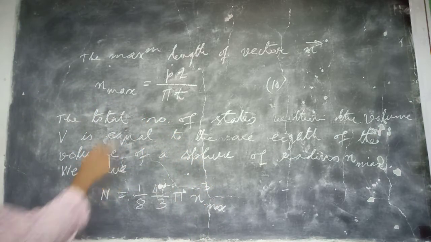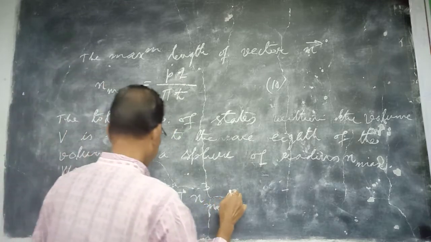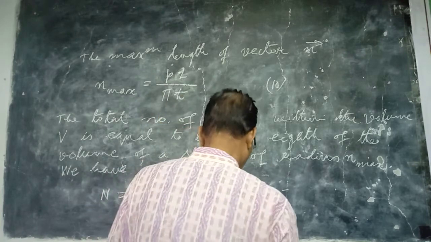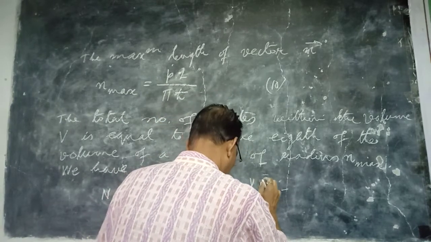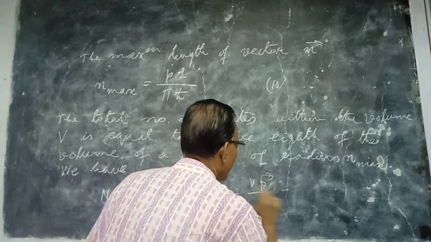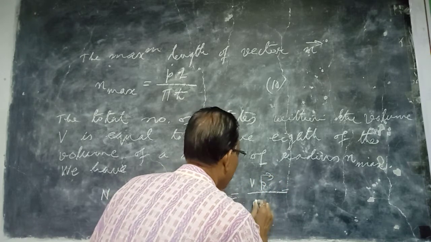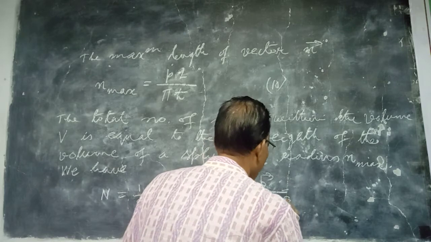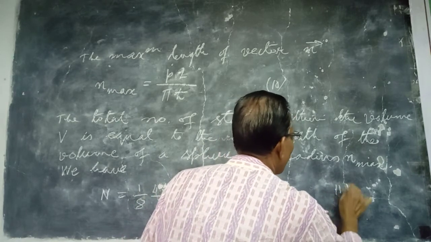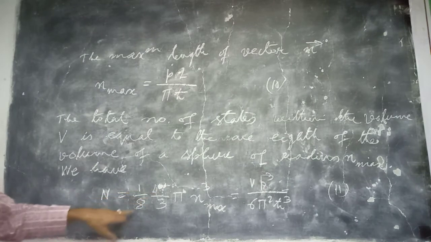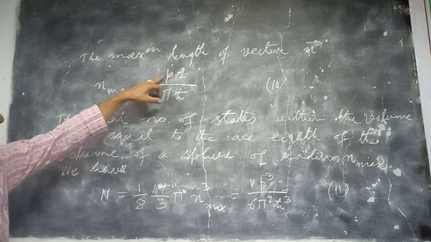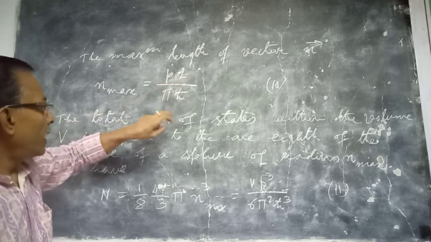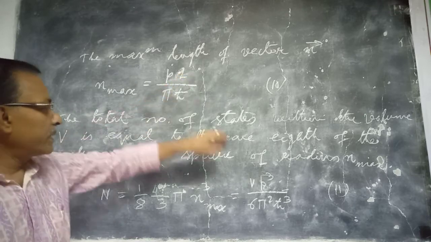Now substitute the value of n max, and you get V p cube by 6 pi square h cross cube. This is 1/6 pi square, p cube L cube, and L cube is the volume V.